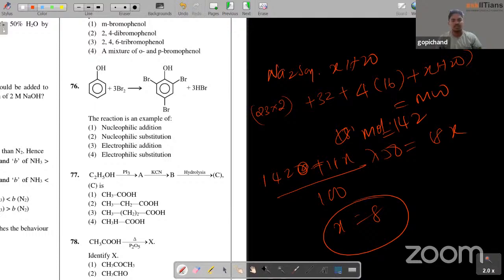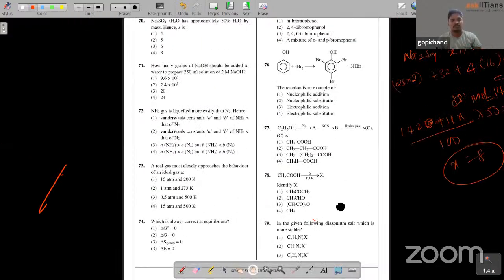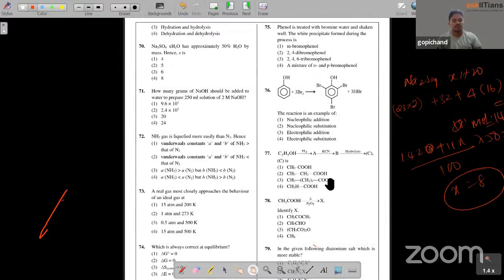Question number 71. How many grams of NaOH should be added to water to make 250 ml of 2 molar solution? So it is a dilute solution.